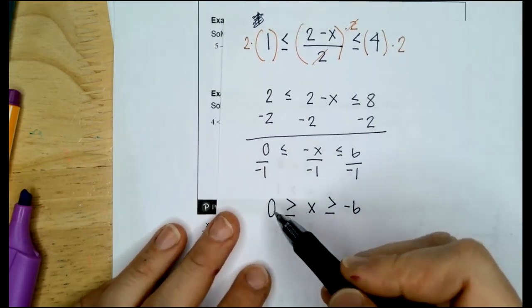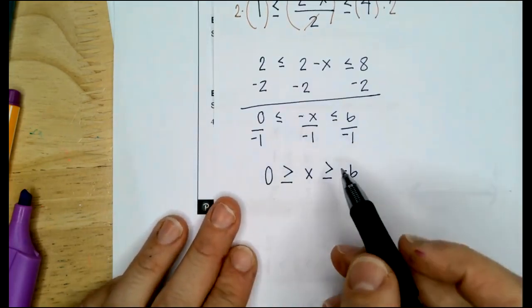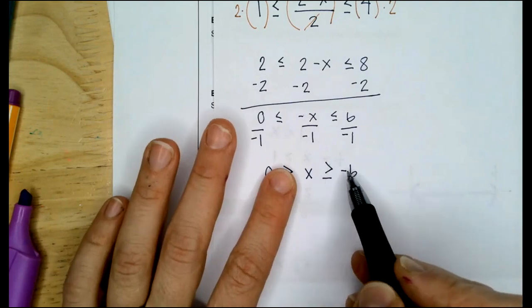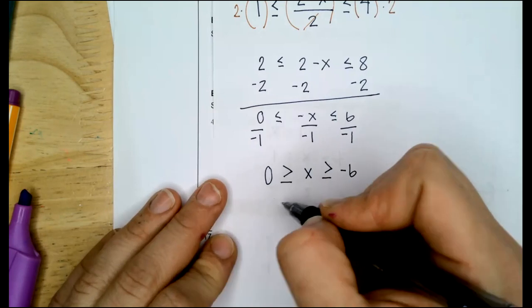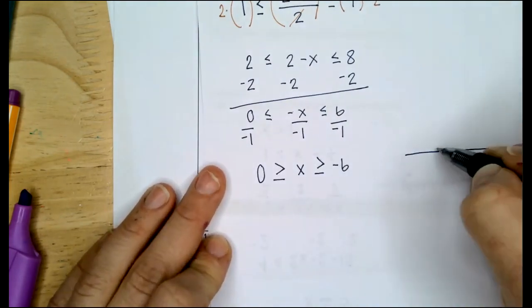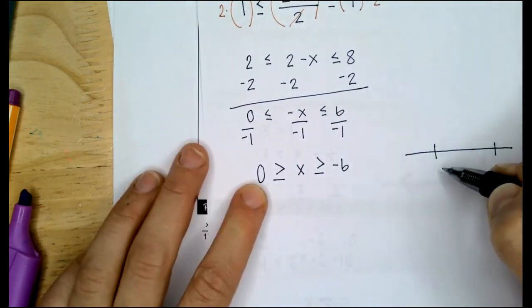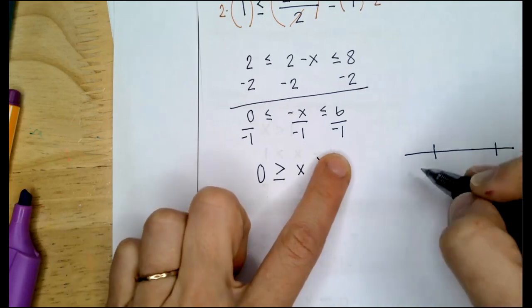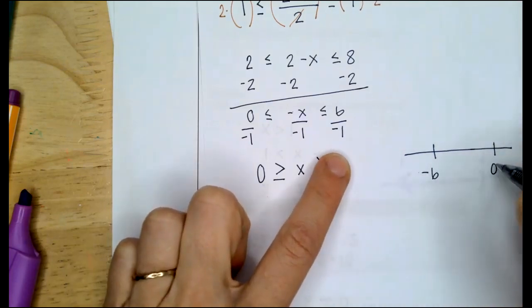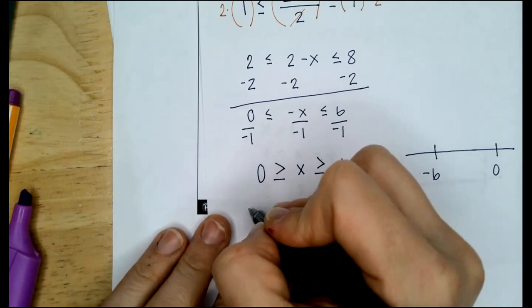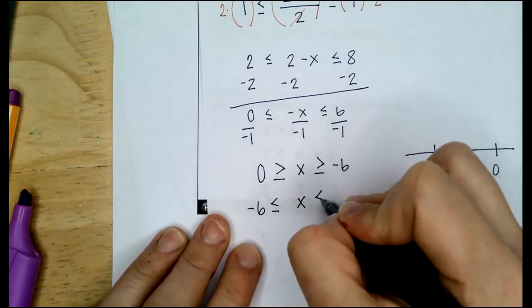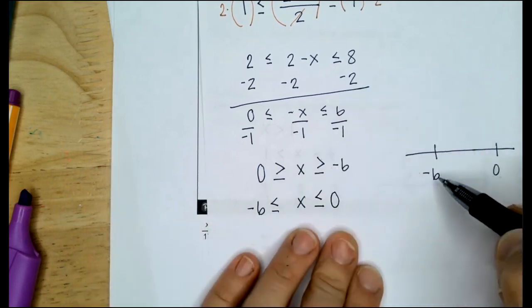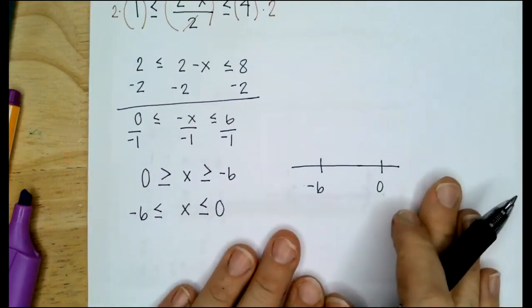Okay, also, I don't like it when my graph goes this way. X is greater than or equal to negative 6. X is less than or equal to 0, because when I go to draw my graph, I'm not going to put 0 here and negative 6 here. I'm going to put negative 6 here and 0 here. So I'm going to flip this all around. Negative 6 is less than or equal to x is less than or equal to 0, so that it's in the order of the number line, okay?